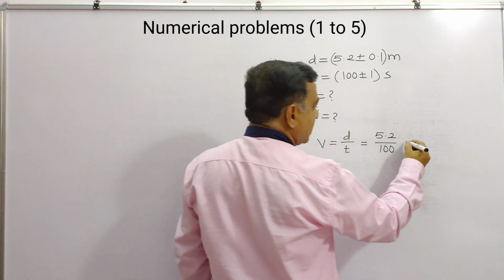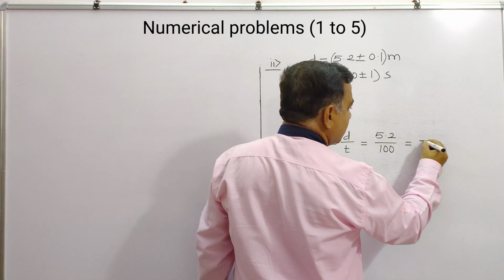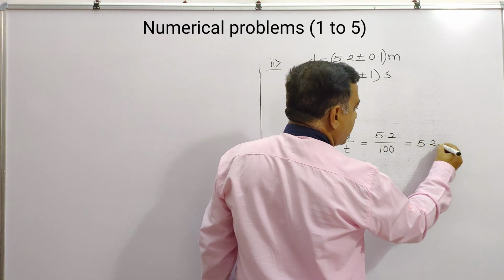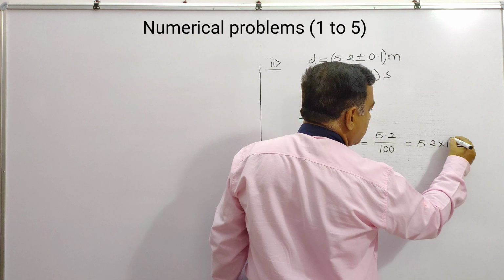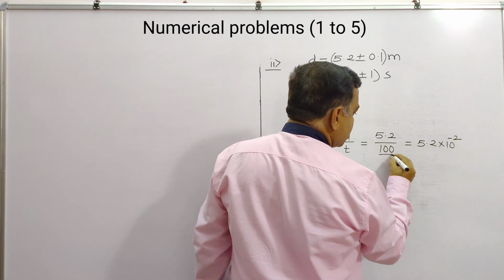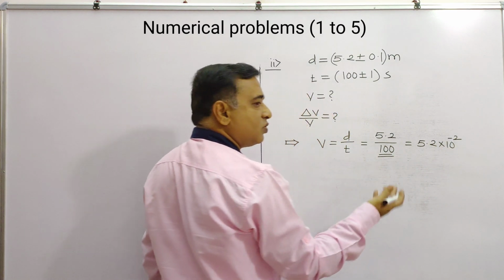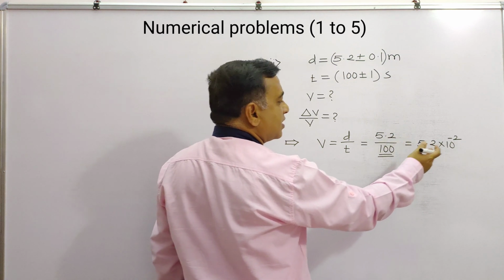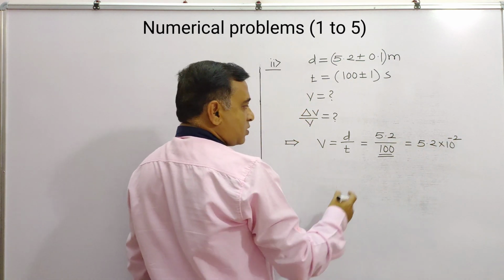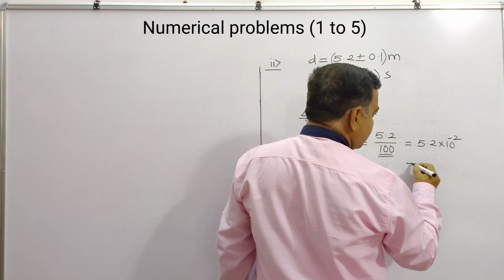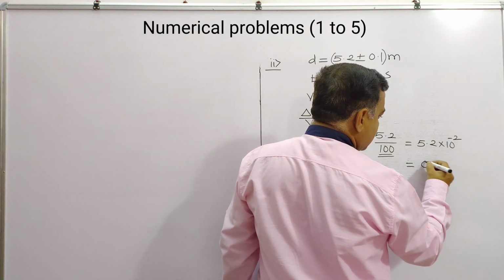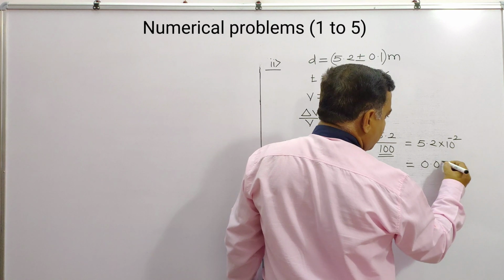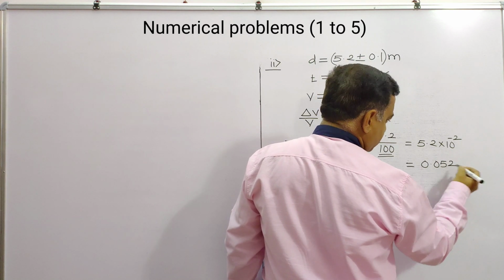So accordingly the answer is, if I take this in the numerator, 5.2 into 10 raised to power minus 2. How? The 100 can be written as 10 raised to power 2. This 10 raised to power 2, taken in the numerator, becomes 10 raised to power minus 2. So this is your velocity. I am going to shift the point, and accordingly the answer is 0.052.